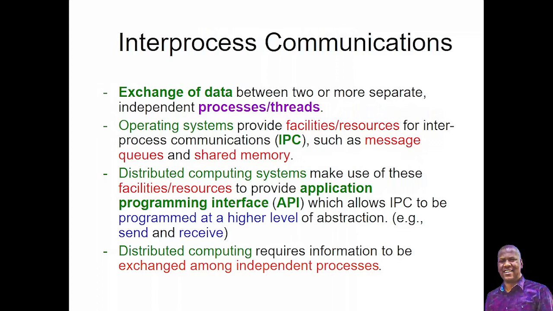Basically, it is the exchange of data between two or more separate or independent processes or threads. We can look at it from the angle of how operating systems establish this kind of communication, or better still, communication that happens within the network. Inter-process communication happens in different environments.